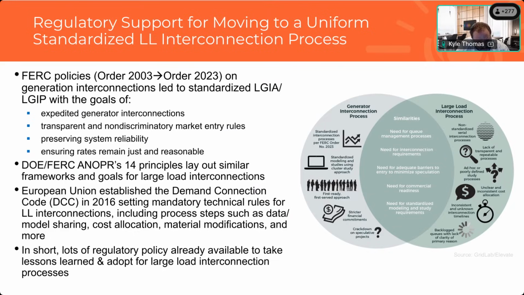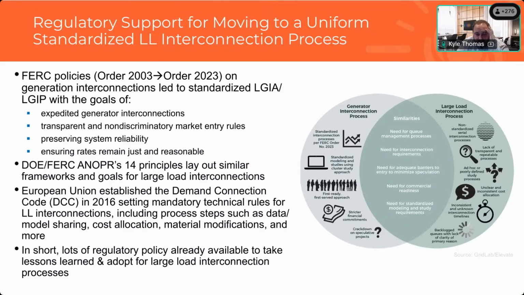And if we look across the pond, if you will, the EU has its demand connection code, the DCC, which they established initially in 2016. It set mandatory technical rules for large load interconnections. Now, some of that is very much technical requirements and modeling requirements, a lot similar to the work that Parag and Ahmed and their teams just did.